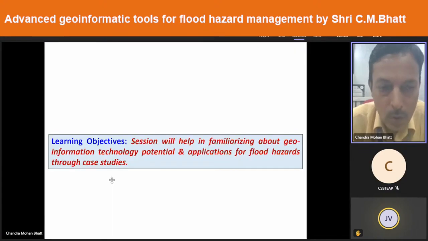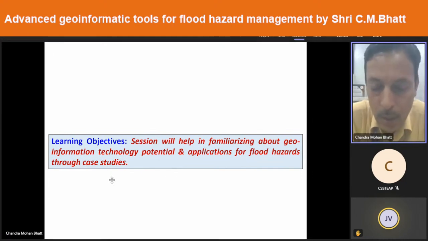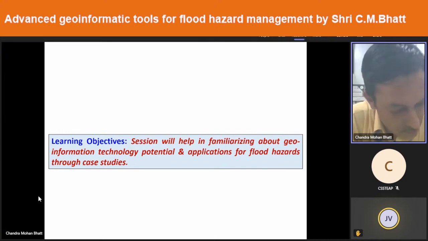So the objective of this session will be to familiarize you with geoinformation technology potential and applications for flood hazards through some case studies that we have done and that have been done by other researchers.